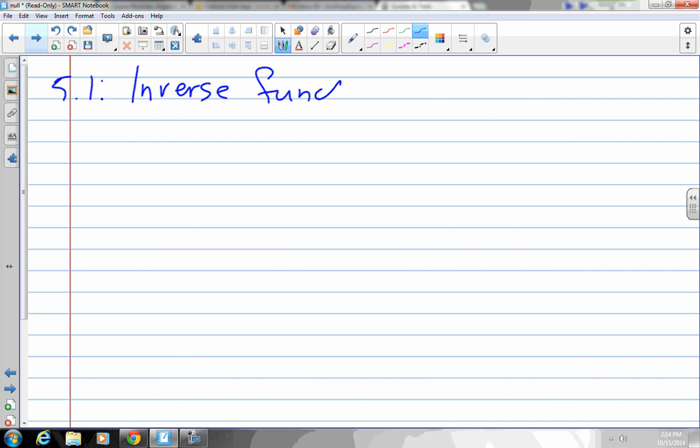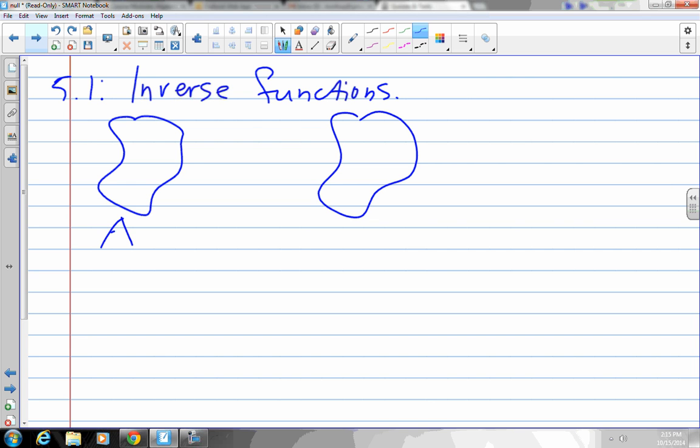inverse functions. So the idea is this. You have two sets. You have a set A, that's our domain, and you have a set B, that's our range.